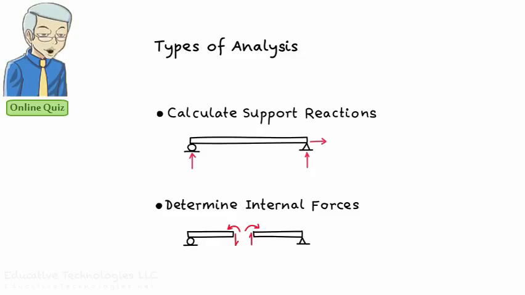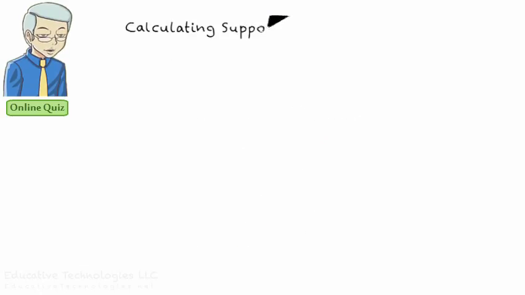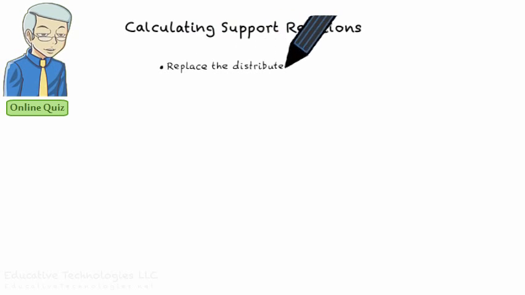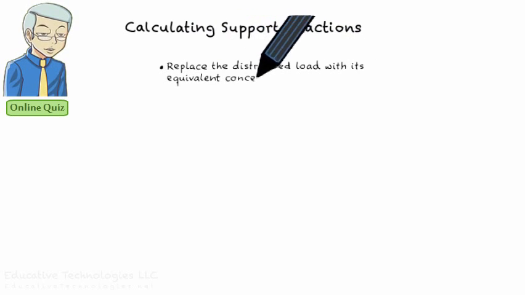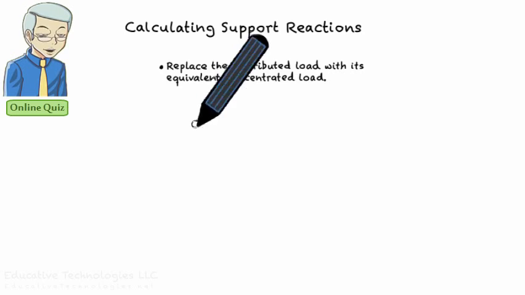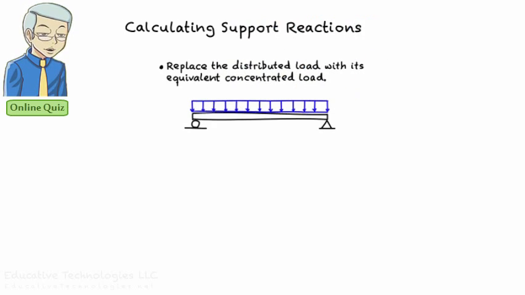First, let's see how support reactions can be calculated when a distributed load is present. To determine the support reactions, we start by replacing the distributed load with a concentrated load called the equivalent concentrated load. Note that a distributed load defines a geometric area. For example, in the case that the load is distributed uniformly over the length of the beam, the load forms a rectangle.